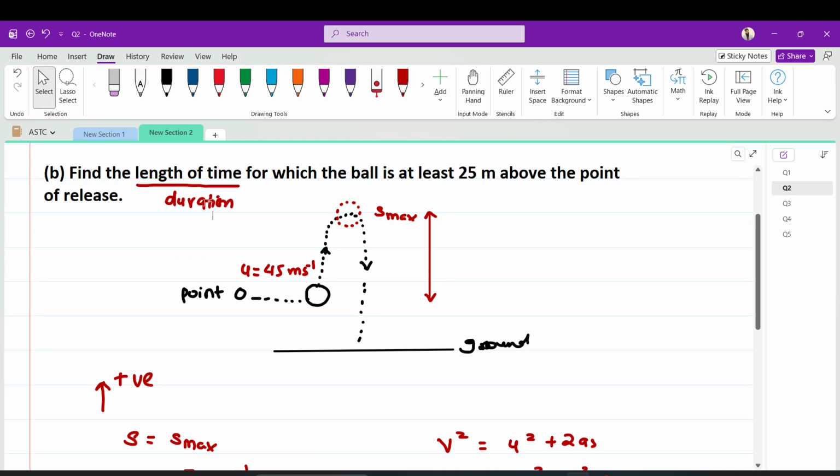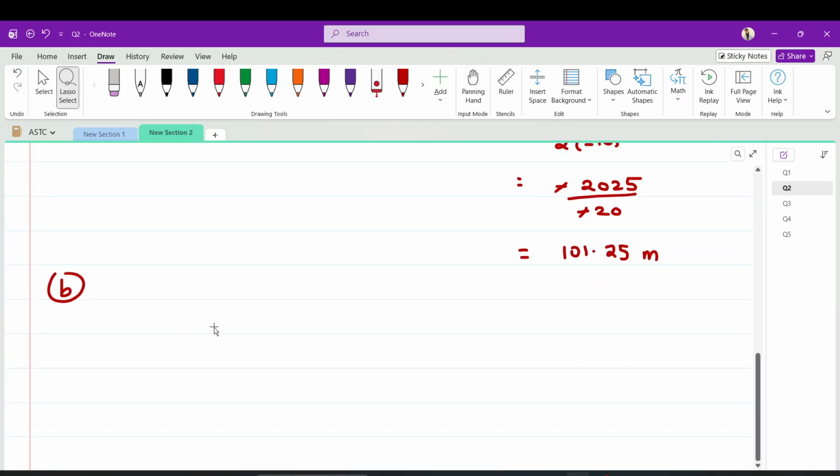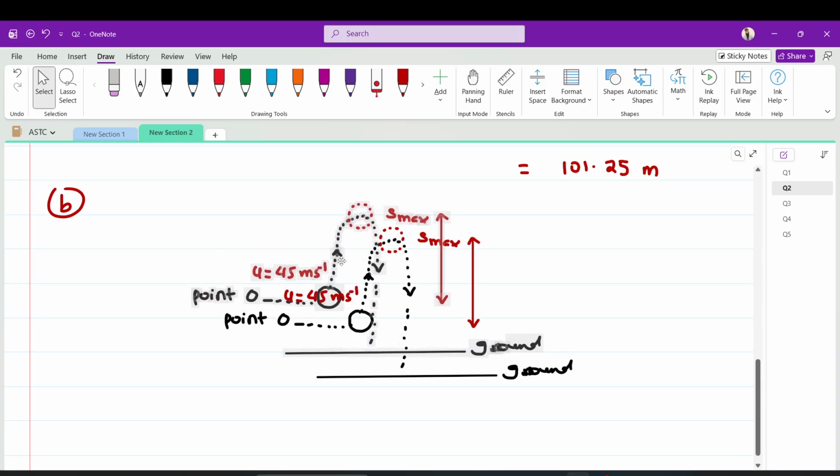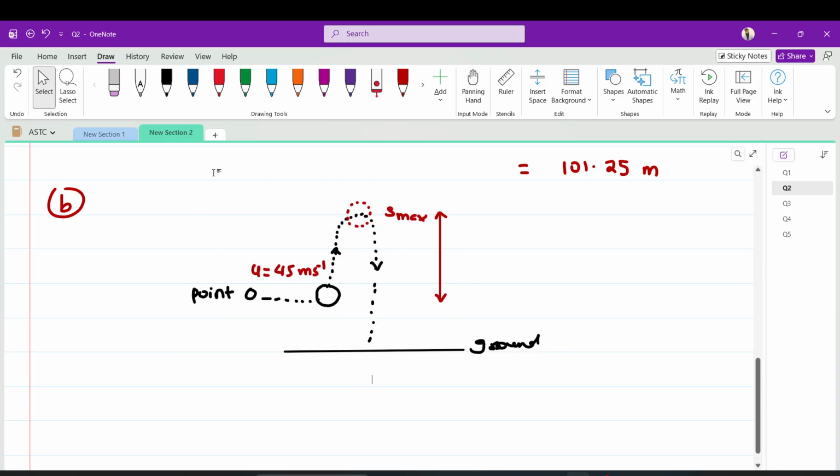Let me copy this diagram now. Basically what the question is telling you is, let's say somewhere around here, let me push it over here so that I have enough space. All right, let's say that I draw a line.